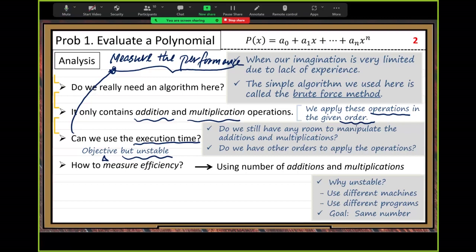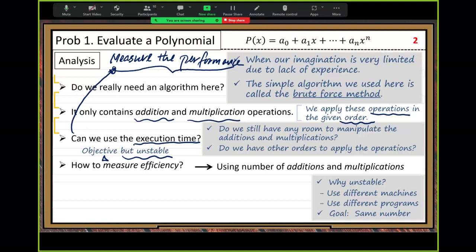If we use those two numbers to measure the efficiency, then you can see it does not rely on the hardware, right? A supercomputer, low-end computers, same number. You use the same number of additions, same number of multiplications for the same algorithm.